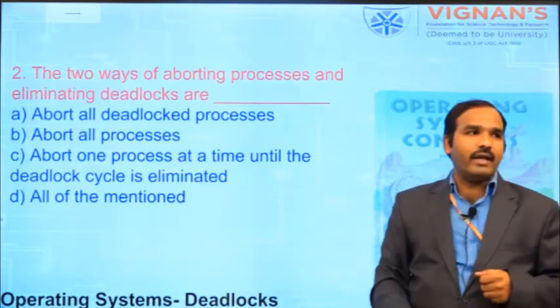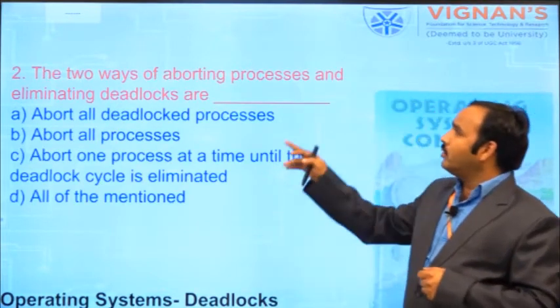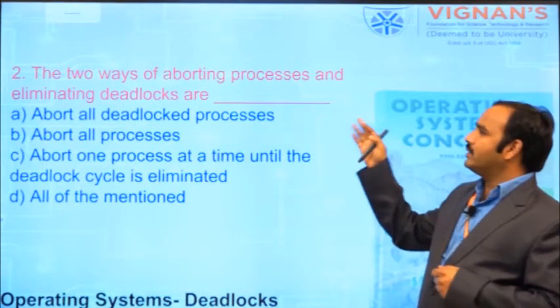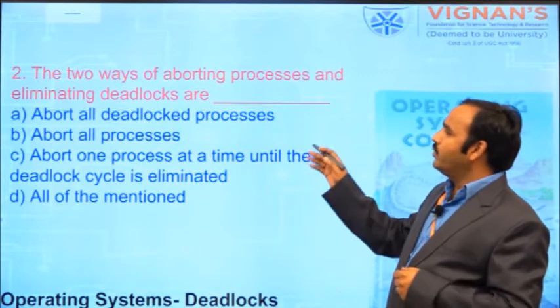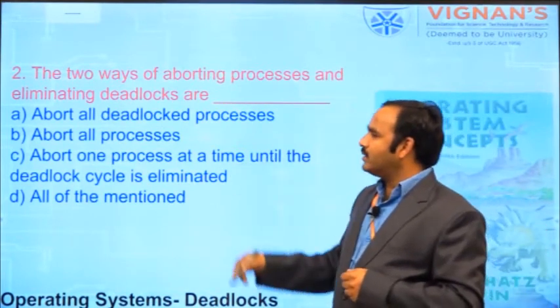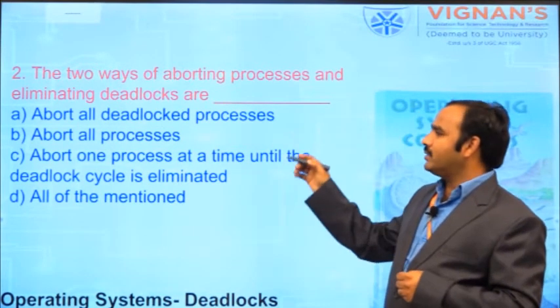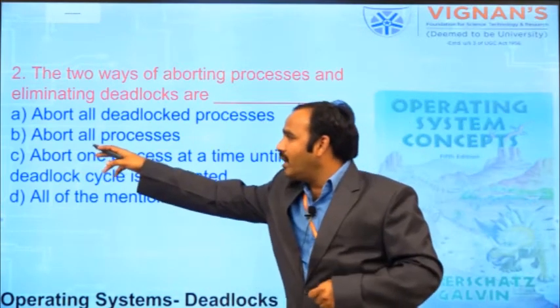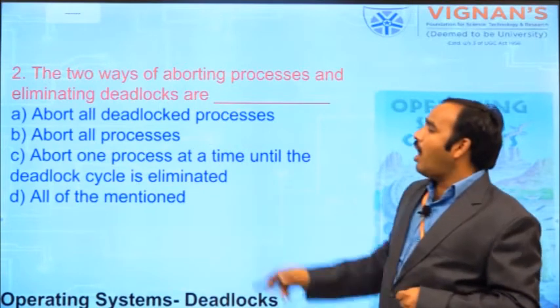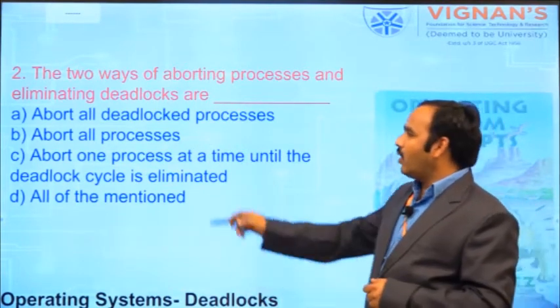Coming to the second question: the two ways of aborting processes and eliminating deadlocks are? Option B, abort all processes, is wrong, because all processes is obviously a wrong option.